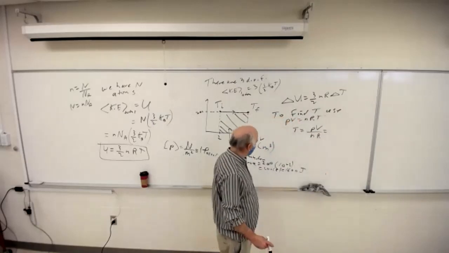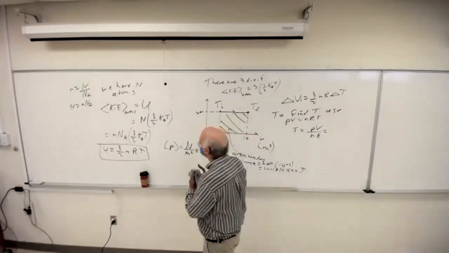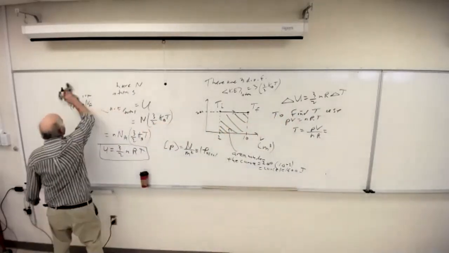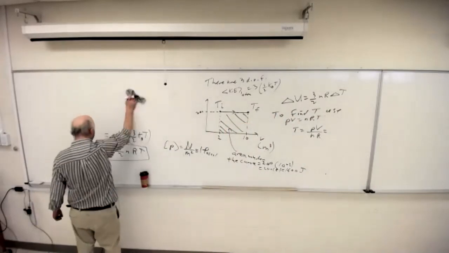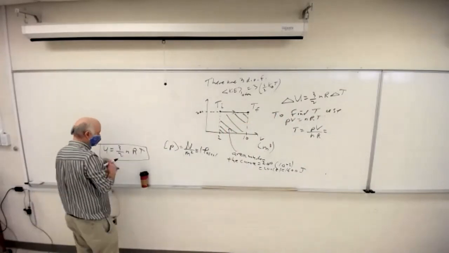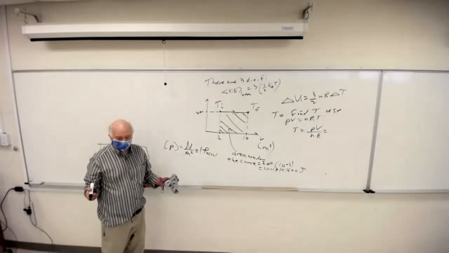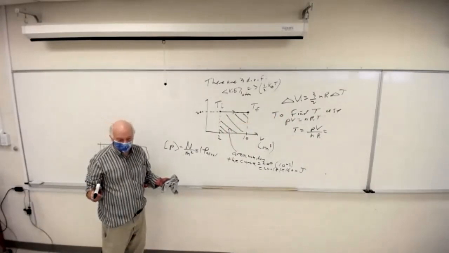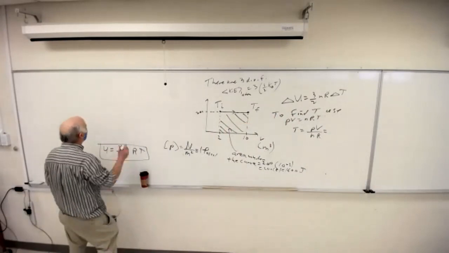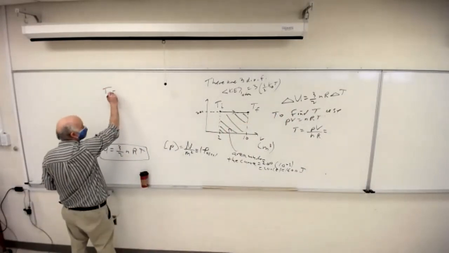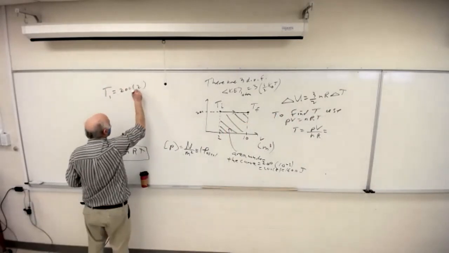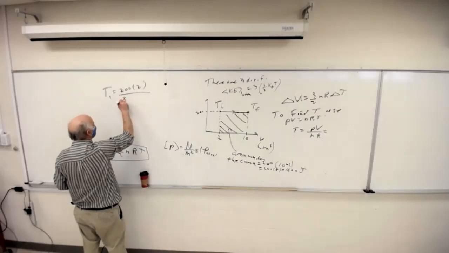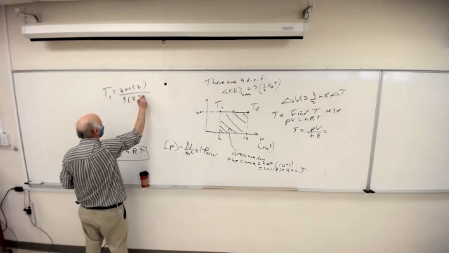Okay, so let's get T1. What is R again? 8.314. So T1 is going to be P, which is 200, V is 2, and n is 3 times 8.314.